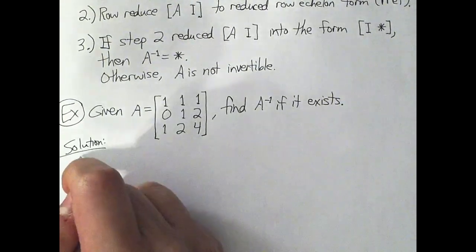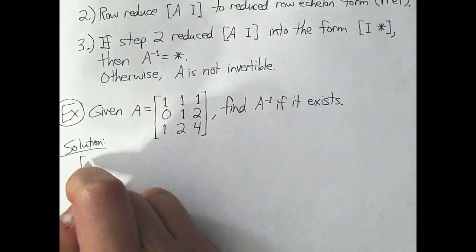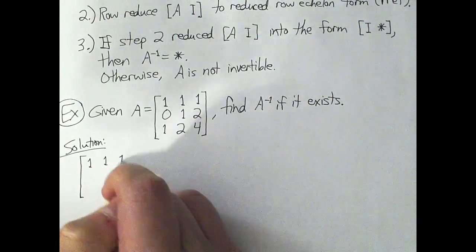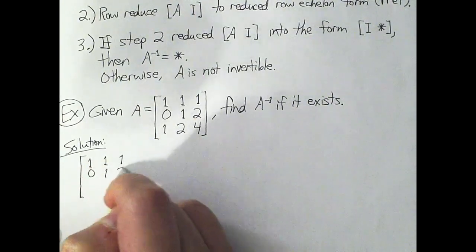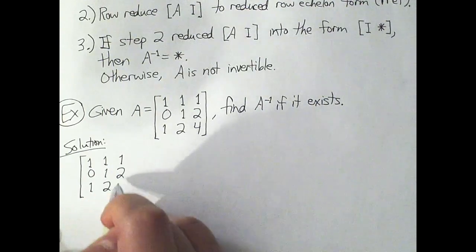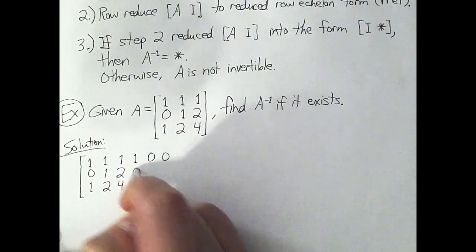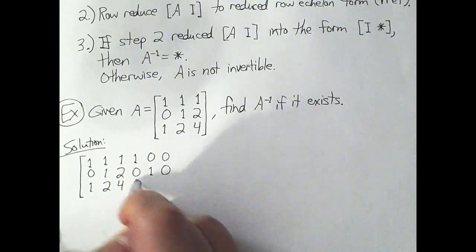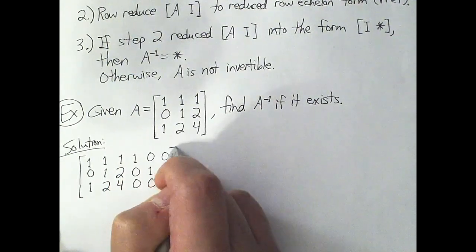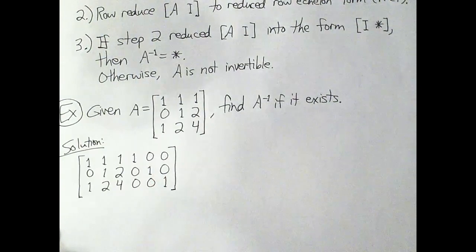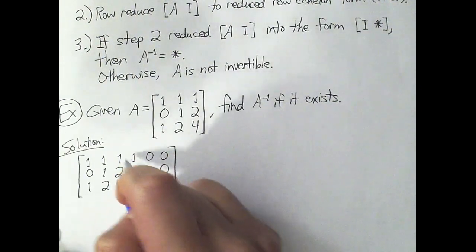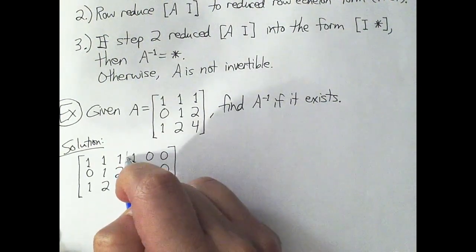So step 1 says you take the matrix and you put it side by side with the identity, which is 1, 0, 0, 0, 1, 0, and so on. Sometimes I've seen some people draw a little dashed line here if you want.